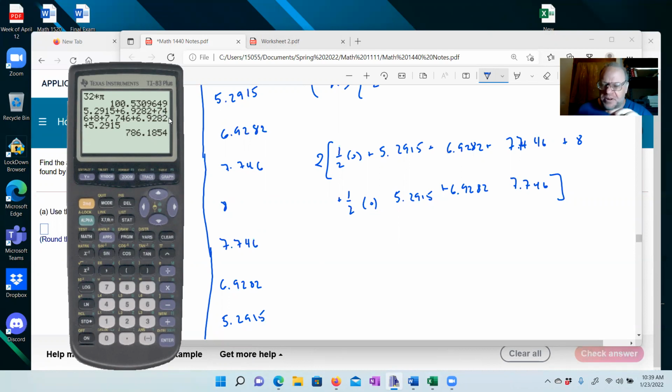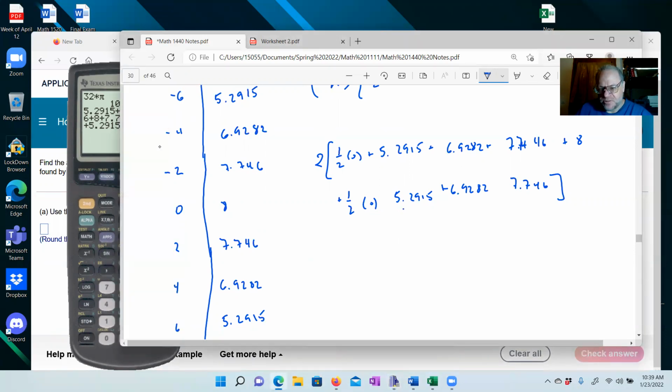I'm going to go a little bit faster then. I'm going to say, look, we could add these up, so that's twice 5.2915 plus 2 times 6.9282 plus 2 times 7.746 plus 8.